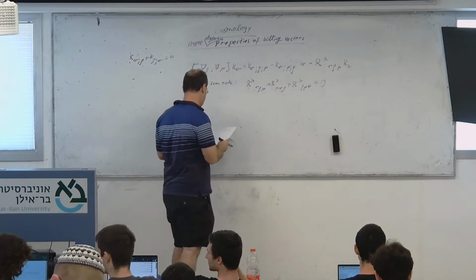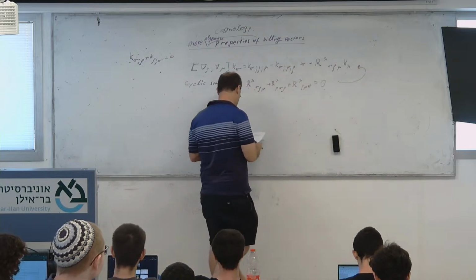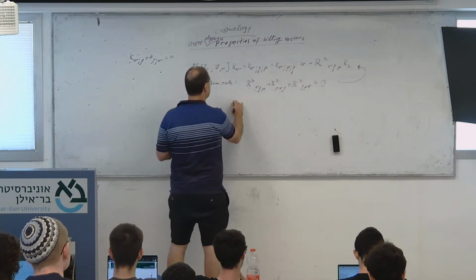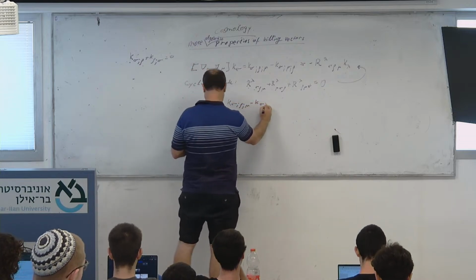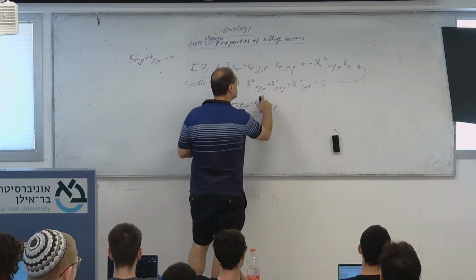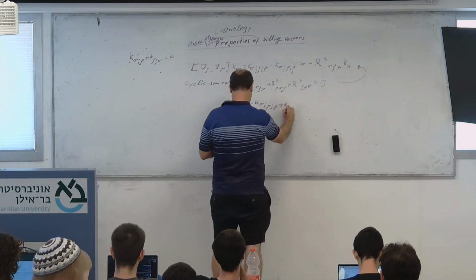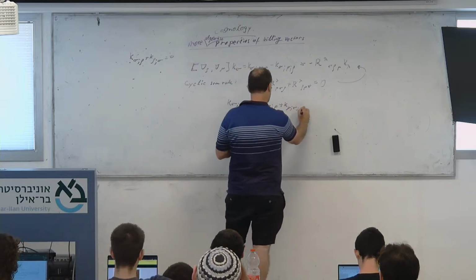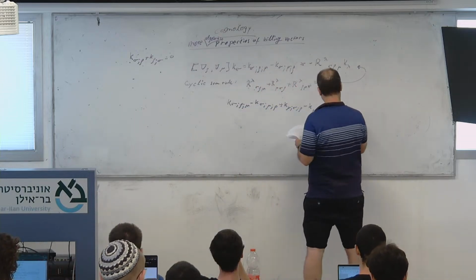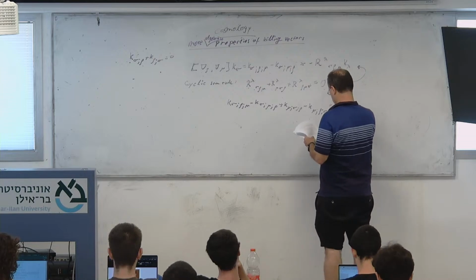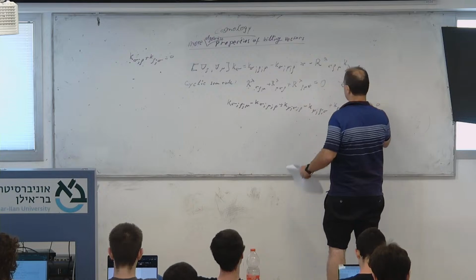So we get K sigma rho mu minus K sigma mu rho plus K mu sigma rho minus K mu rho sigma plus K rho mu sigma minus K rho sigma mu is equal to 0.